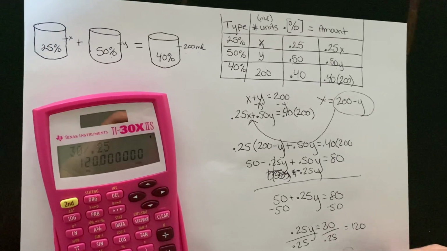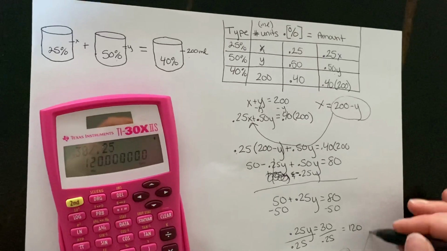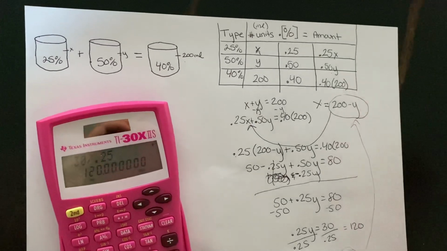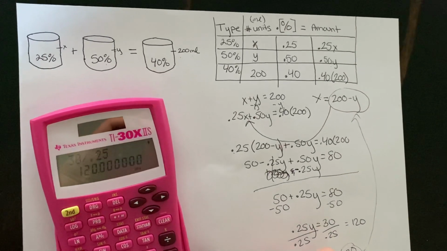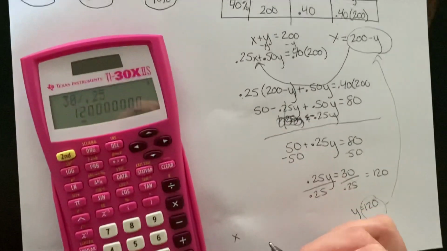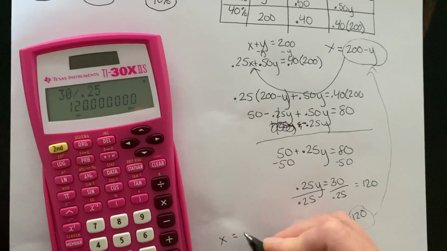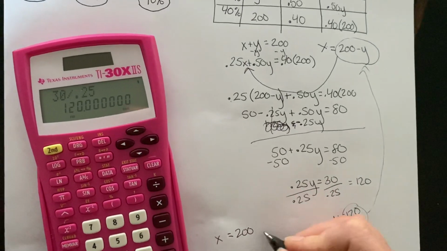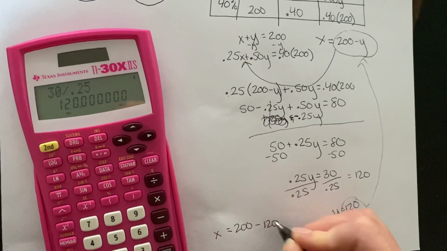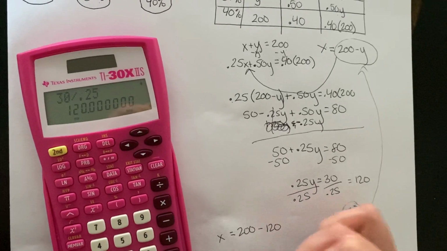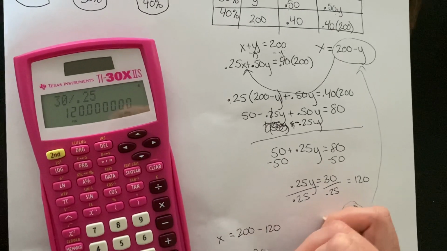So now we're going to take this and plug it back in up here. So X, bring it down here so you can see, sorry about that, X equals 200 minus 120. So X equals 80.